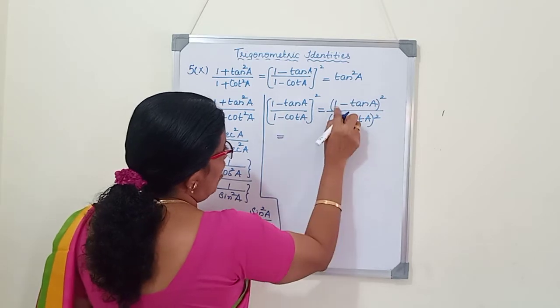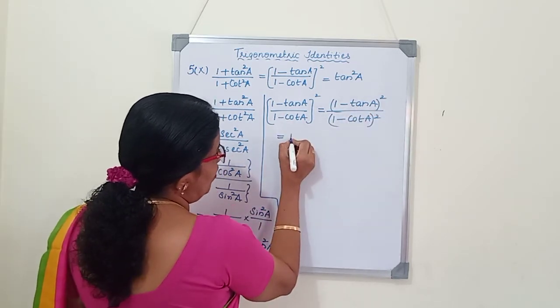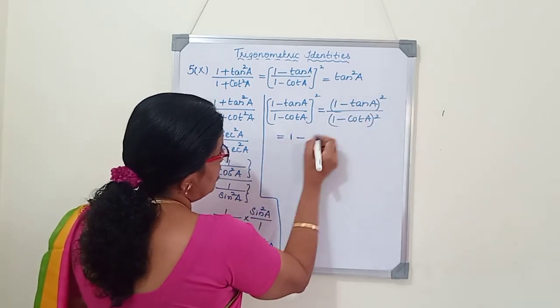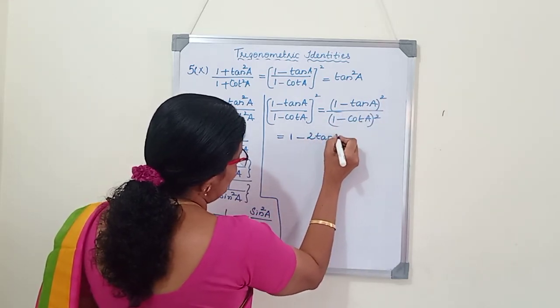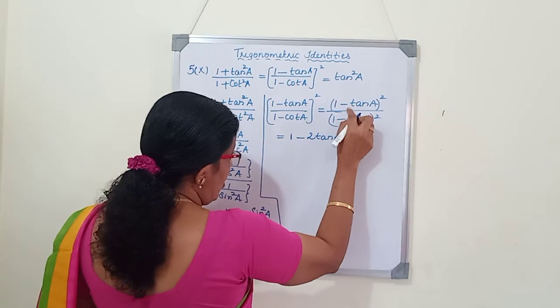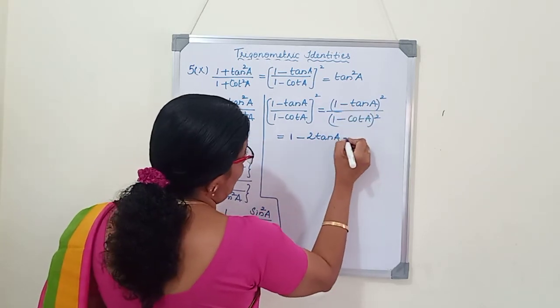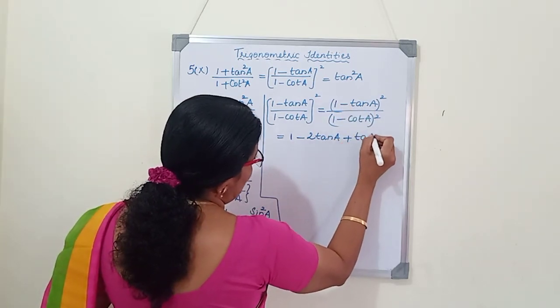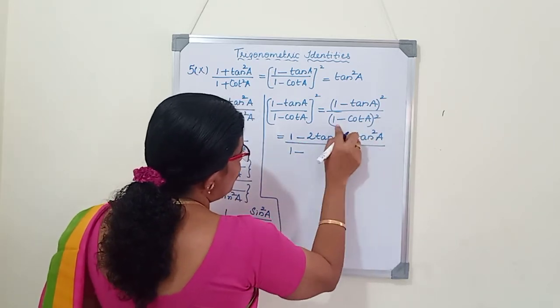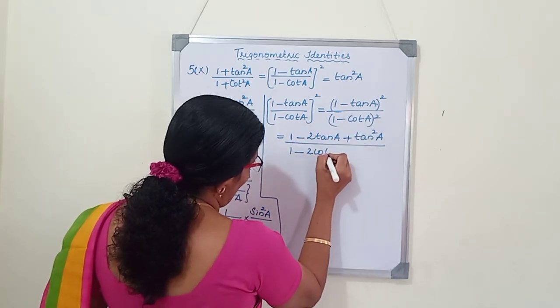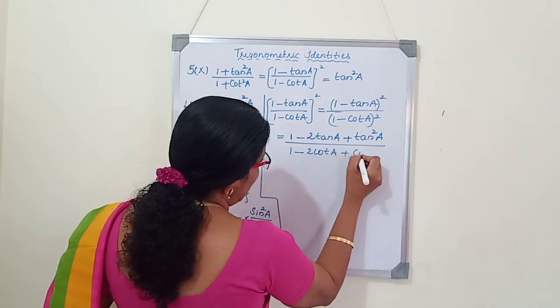Now (A minus B) the whole square is A square, 1 minus 2 into A into B. So 2 into 1 into tan A, 2 tan A, minus B square, tan square A, plus B square, tan square A, divided by 1 minus 2 into cot A, minus B the whole square, plus cot square A.